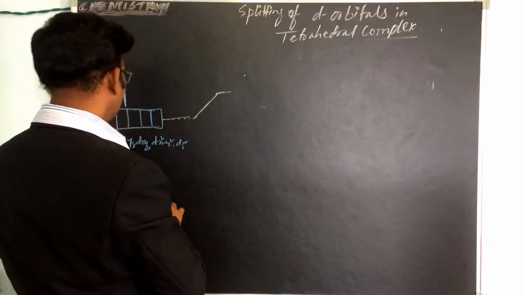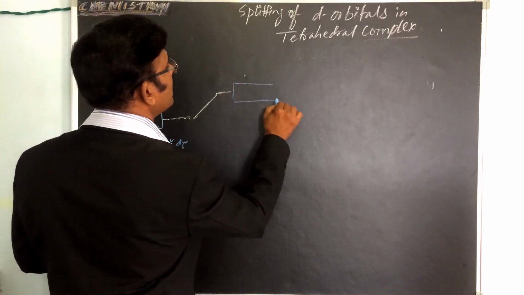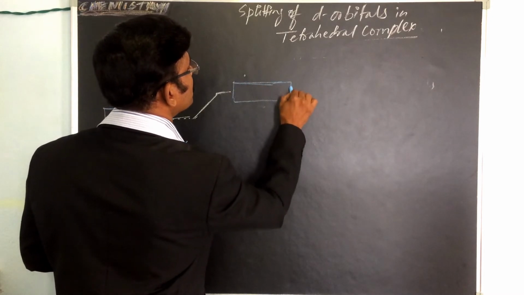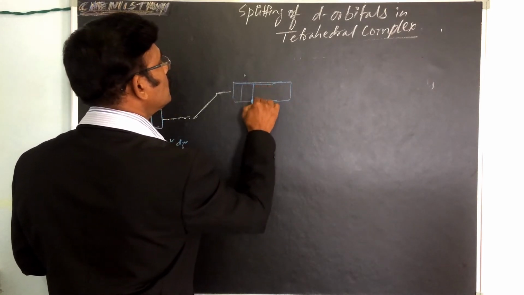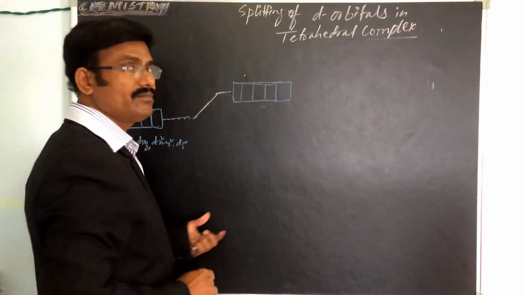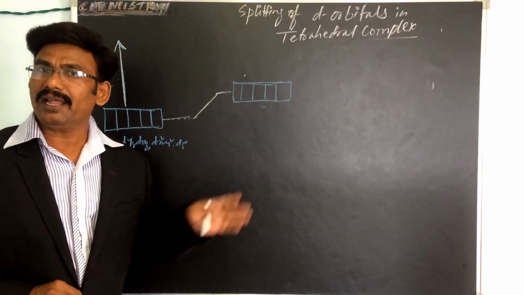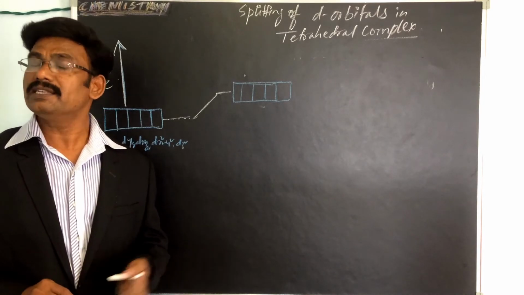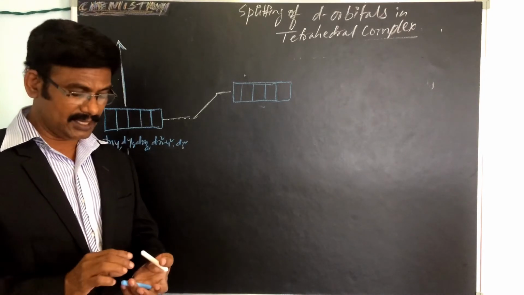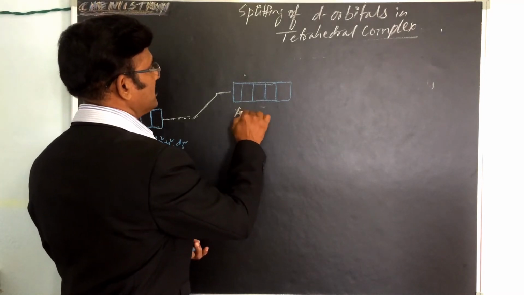Now these five orbitals in the crystal field: 1, 2, 3, 4, 5. So this is called the average energy of the d orbitals in the spherical crystal field.